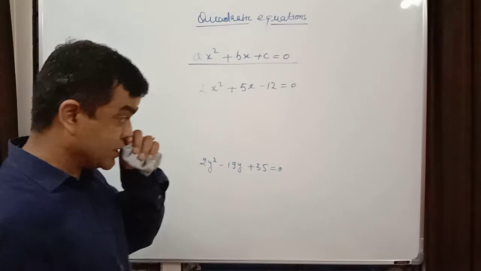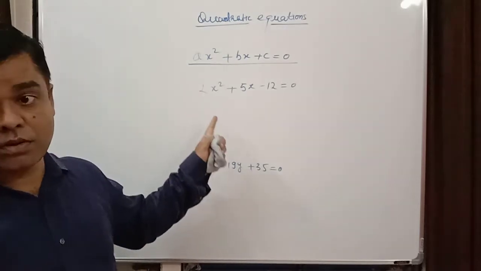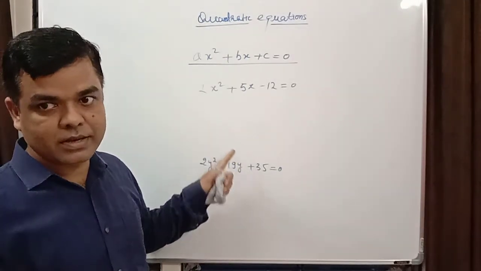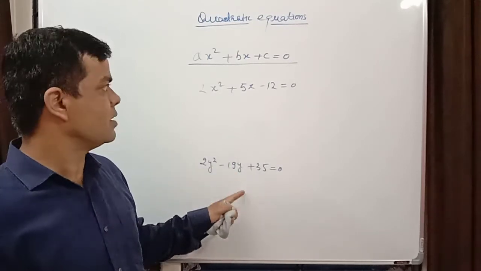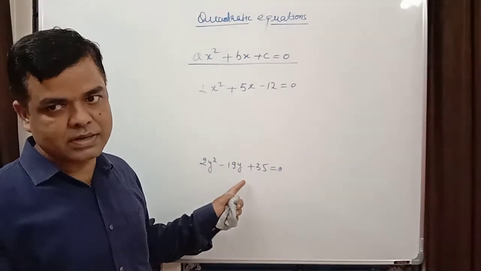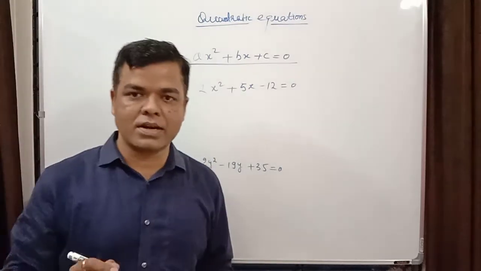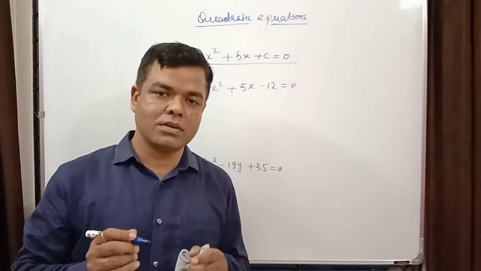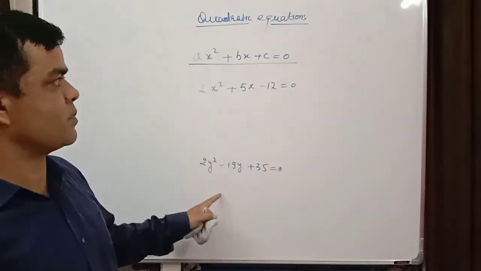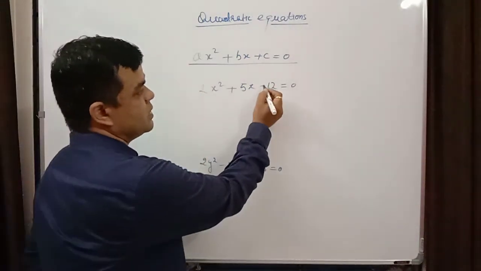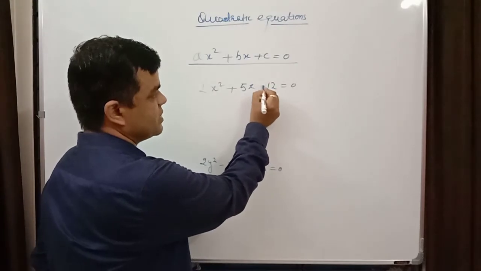Okay. So first you learn, those who don't know, how to solve these quadratic equations. You have learned all these things in factorization, in algebra, in classes 9 and 10. But those who have forgotten, or those whose subject was not maths, those candidates should learn properly. Suppose here at the end minus is given.